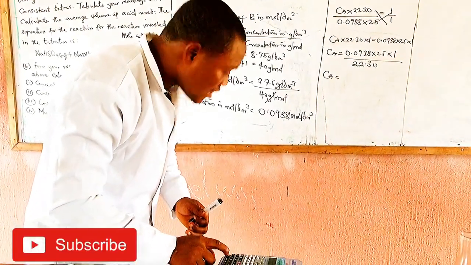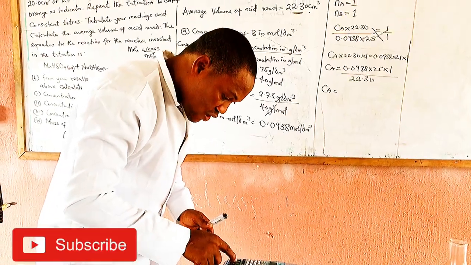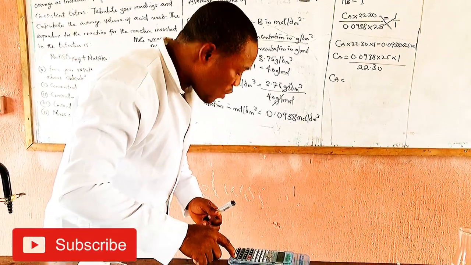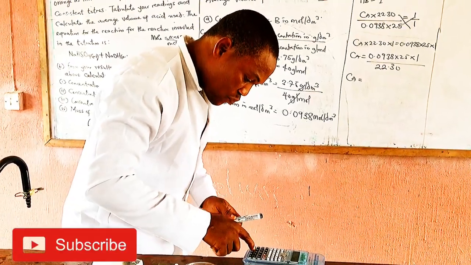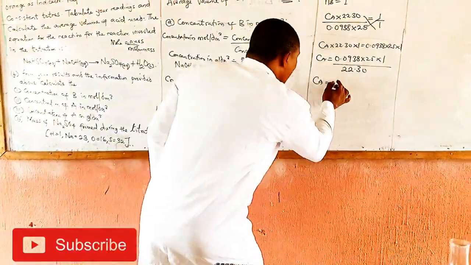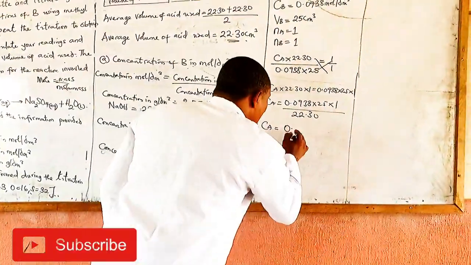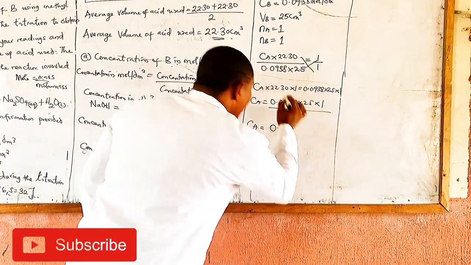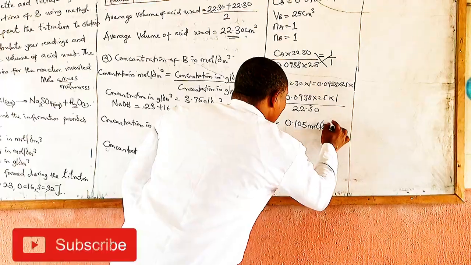You have to be very careful. 0.0938 times 25, times 1, then divide by 22.30. So I have 0.1051, but to 3 decimal places. Please don't forget, 0.105 approximately to 3 decimal places, mole per dm cube.